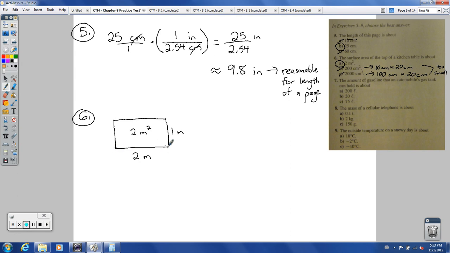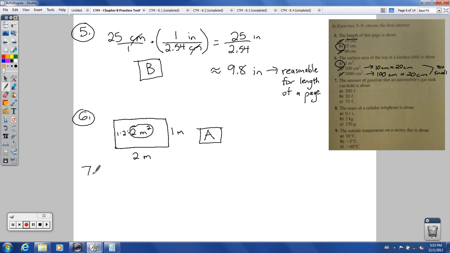That's a little over 2 yards, so a little over 6 feet, and this way a little over 3 feet. So a 3 foot by 6 foot table, or something a little bit bigger than that, seems to be a pretty reasonable answer to me. This was just 1 times 2 right here, the 2 meters squared. So this one, I would say choice A is most reasonable. This one up here, choice B was most reasonable.